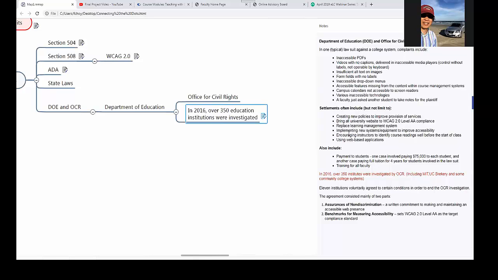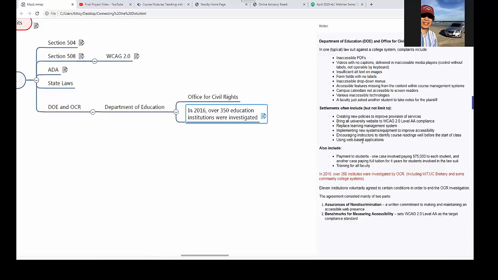Not funny at all. Implementing new system requirements or equipment to improve accessibility. Engaging instructors to identify course readings well before the start of class. This is what we should do anyway, right? Get your stuff ready and in compliance before the semester starts, using web-based applications.